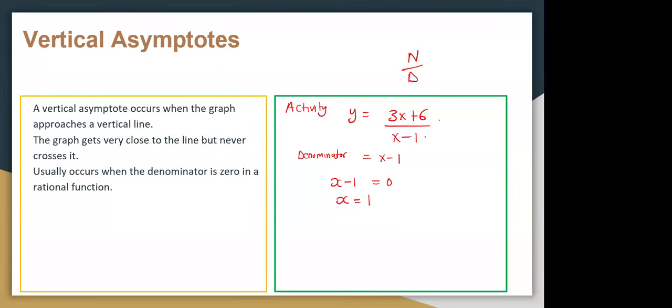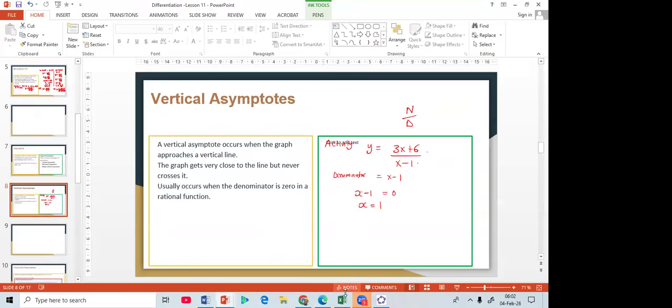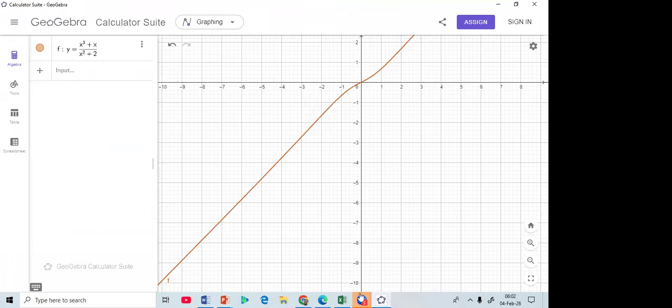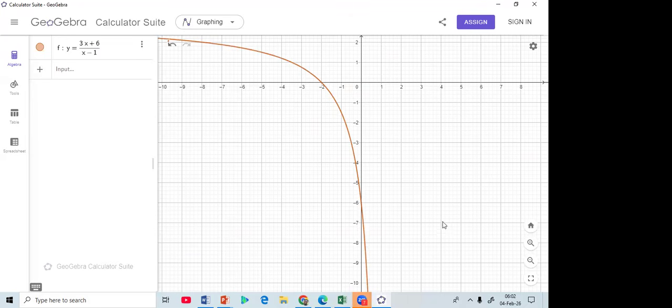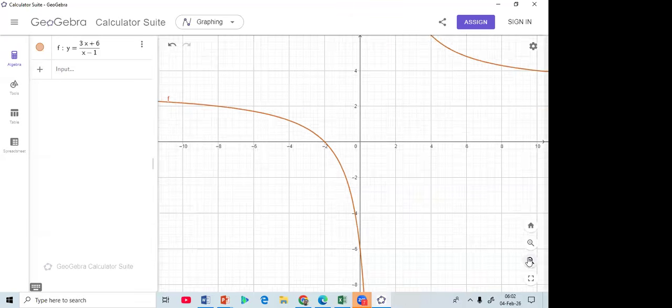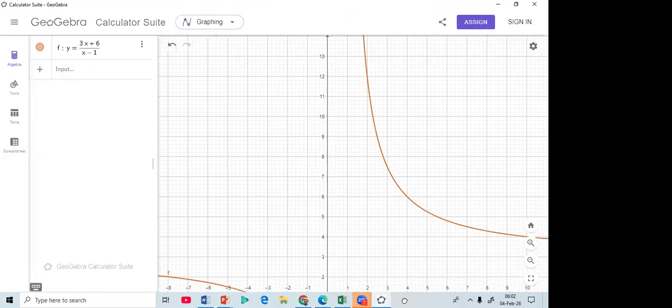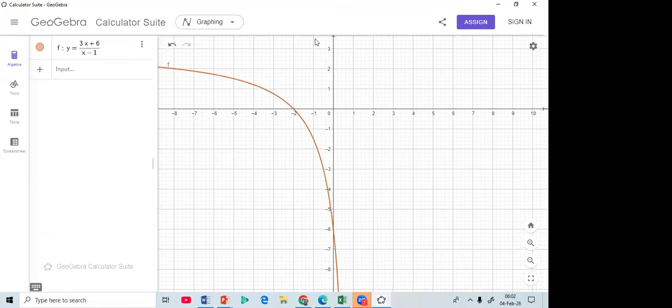Members, is it okay? If you want, allow me to show you so that members can see how we are getting it. You can notice that this is the curve we have. When you look at where 1 is, you note that is the point where the curve doesn't touch.